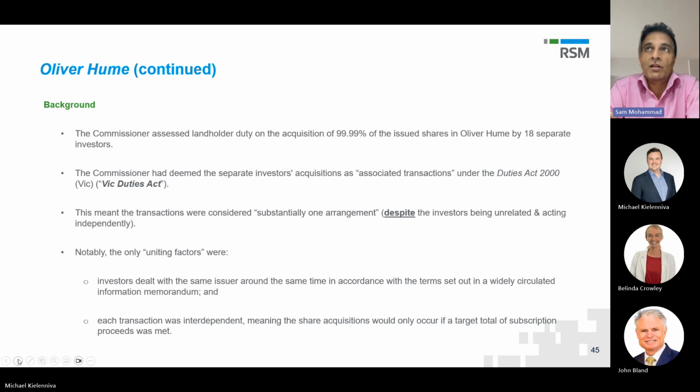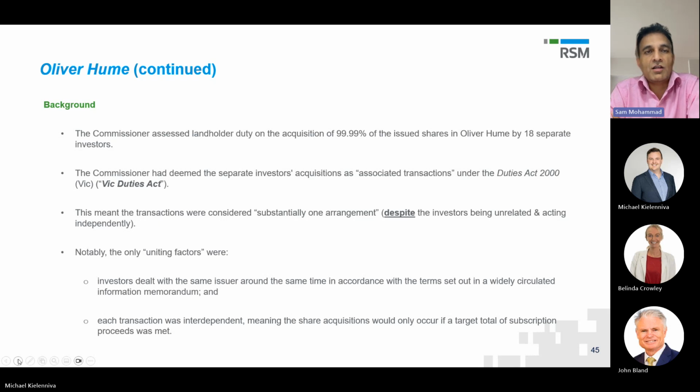And when the tribunal looked at all of those factors, it decided that there was substantially one arrangement, because there was a unity of purpose amongst all of the investors, notwithstanding the fact that those investors didn't know each other, they weren't acting together, they were acting separately.